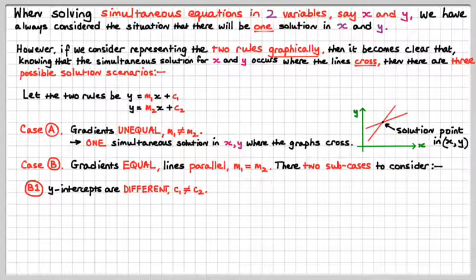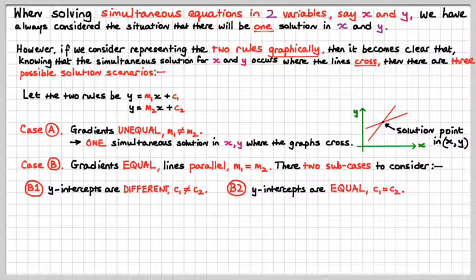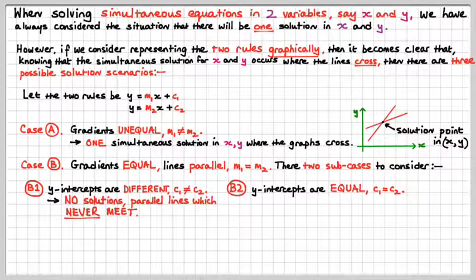This is where the gradients are the same, but the y-intercepts are different, that is, c1 is not the same as c2. Case B2 is the situation where the y-intercepts are actually equal, c1 equals c2.